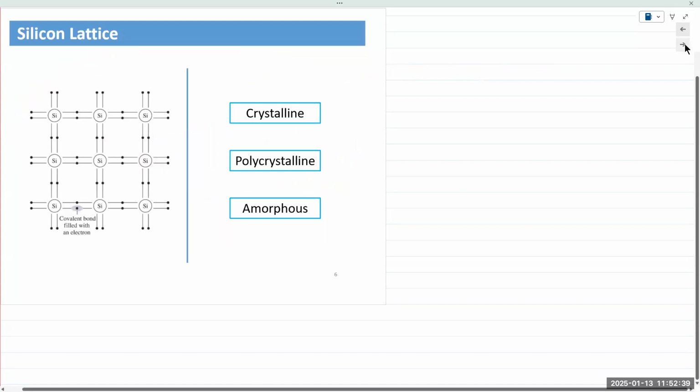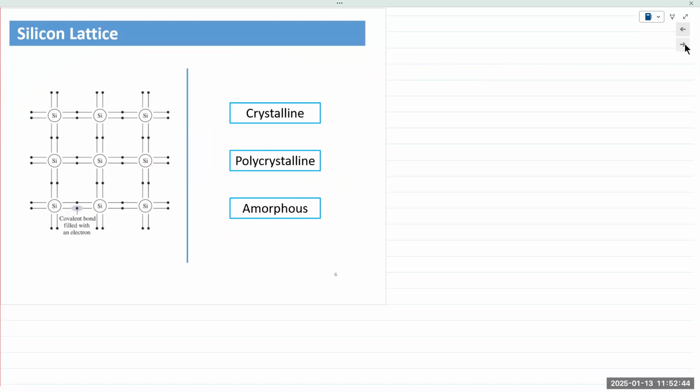So I just mentioned how semiconductors are between insulators and conductors, right? Insulators have very few electrons available for conducting electricity. Conductors have a large number of free electrons, and semiconductors are somewhere in the middle.